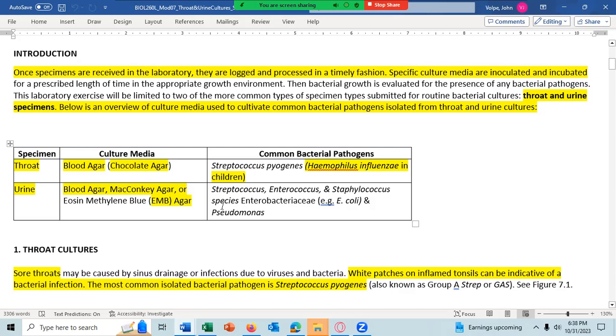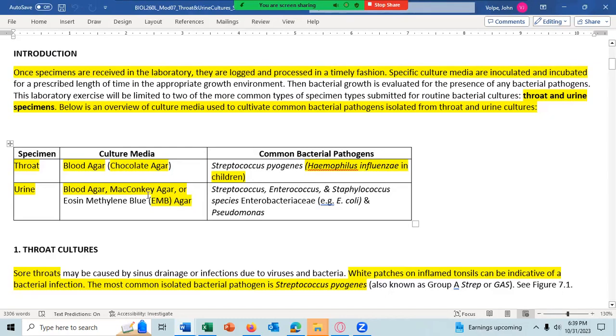For blood agar, we're looking for all of these species, particularly Streptococcus, Enterococcus, and Staphylococcus, as well as the Enterobacteriaceae, such as E. coli, and the Pseudomonaceae, such as Pseudomonas aeruginosa. All of those will grow on blood agar. On MacConkey's agar and EMB, it only grows the gram-negative, such as the members of Enterobacteriaceae and the members of Pseudomonaceae.